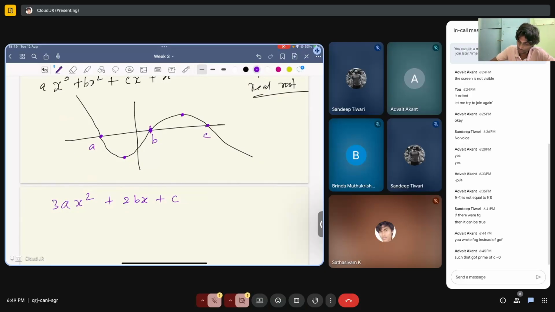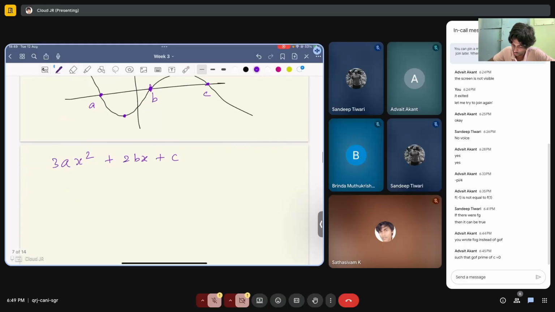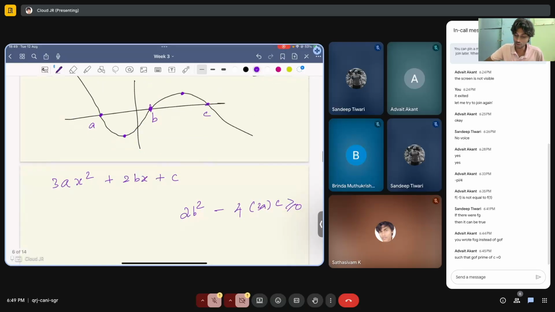That means the discriminant of this polynomial has to be greater than 0, right? Otherwise, you cannot. So basically, this is b square minus 4ac, so this is 2b square minus 4 times 3ac. Okay, this has to be greater than or equal to 0. So this is one condition you can simply obtain by just using Rolle's theorem.